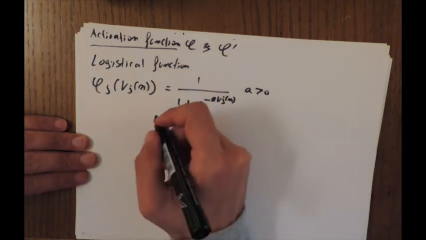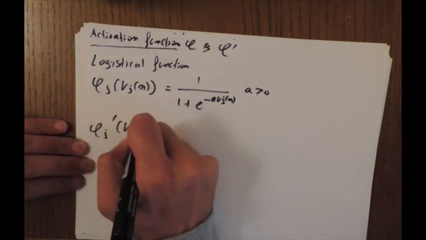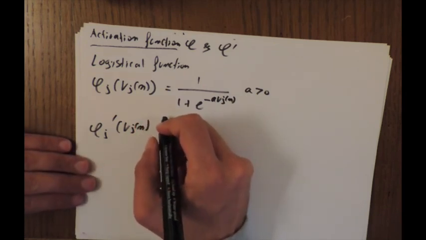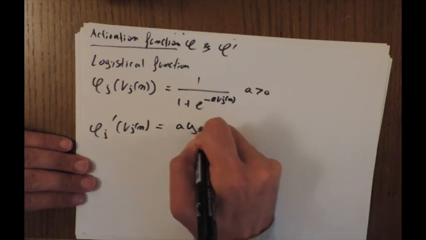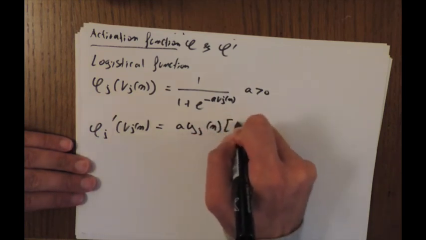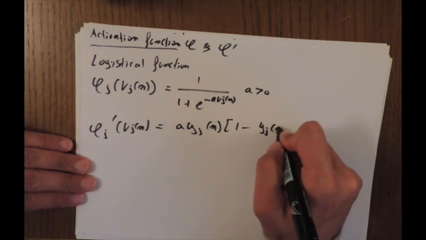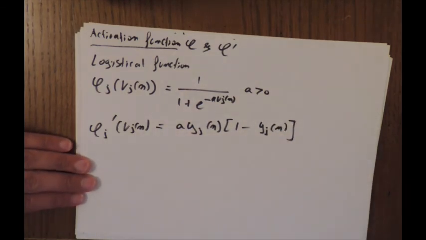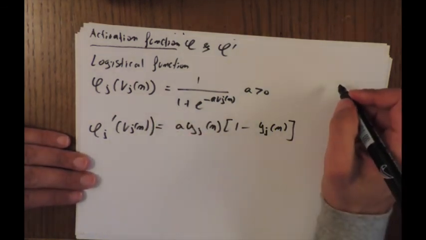So we take the derivative. The derivative will be simply as follows: a yj of n times 1 minus yj of n. So this is one of the reasons why they choose the logistic function, because it has a very simple derivative.